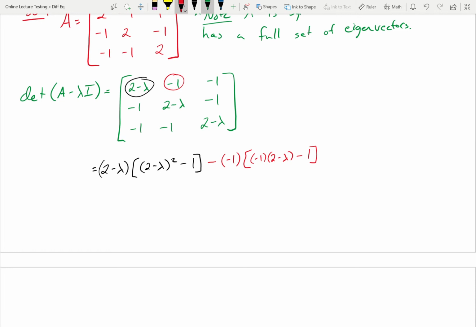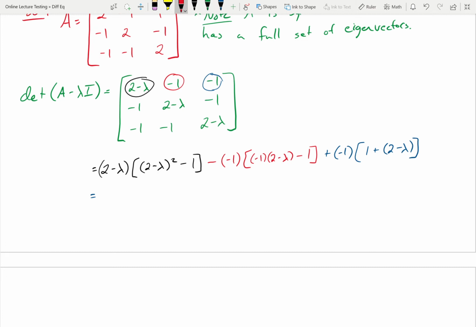And then lastly, in blue, we're going to deal with that one. So plus negative 1 times its minor of positive 1 plus 2 minus lambda.